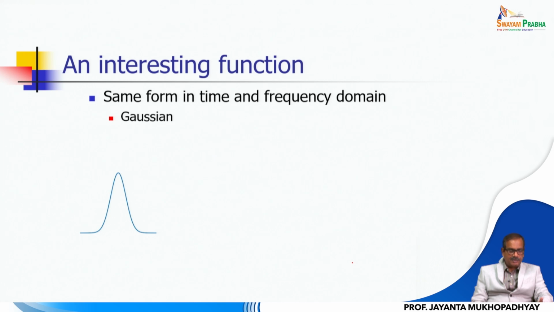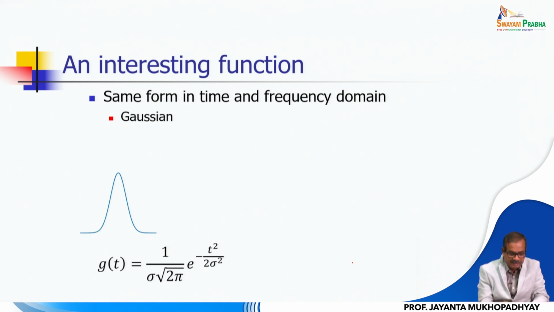Suppose this is the Gaussian function in the time domain, and this is the functional form. Sigma is basically the standard deviation of the function. Effectively, the width will be a function of sigma, and after that the functional values tend to 0, almost negligible.